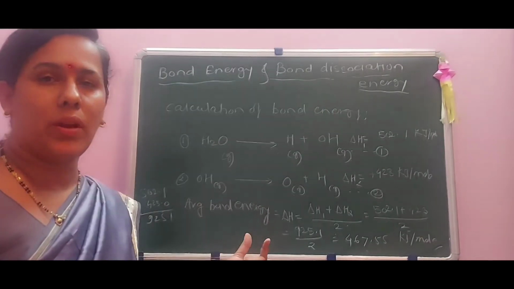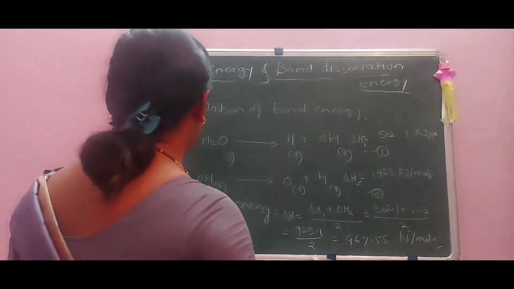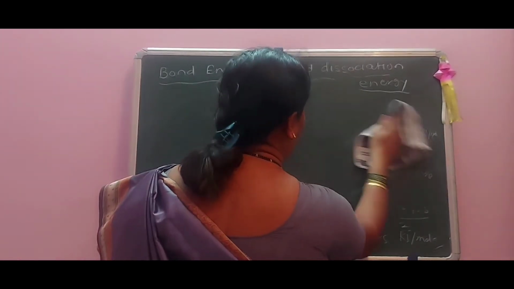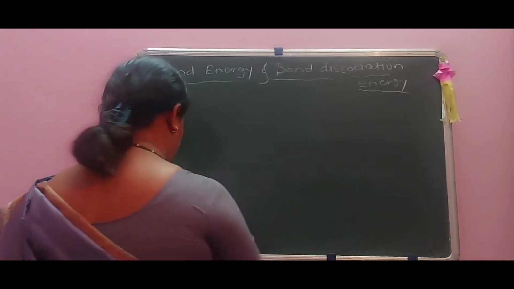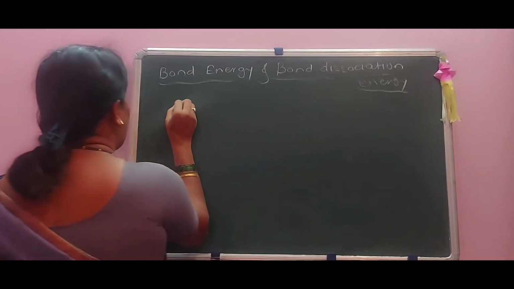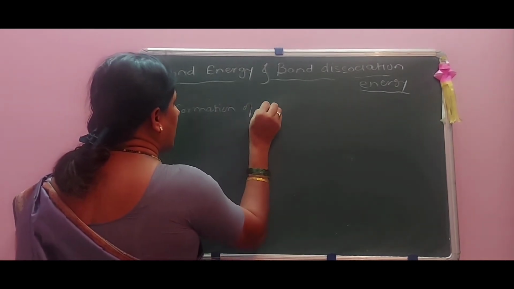Therefore we have to calculate the energy of each C-H bond. Let us take the second example, formation of methane.